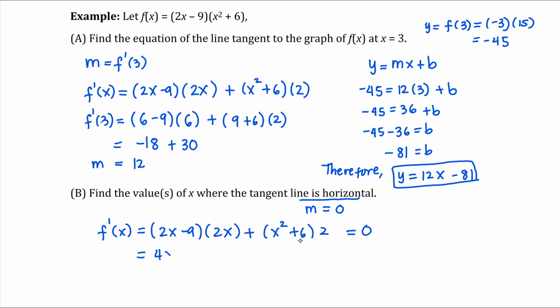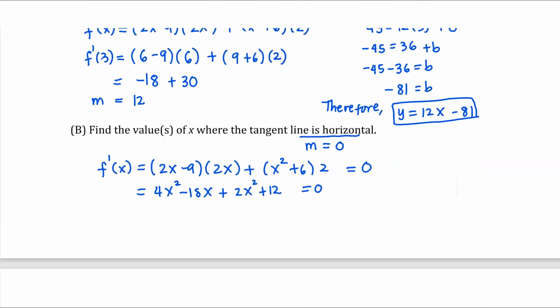We have 4x squared minus 18x plus, then you just distribute this 2 here to each term inside the parentheses. So you have 2x squared plus 12. That should be equal to 0.